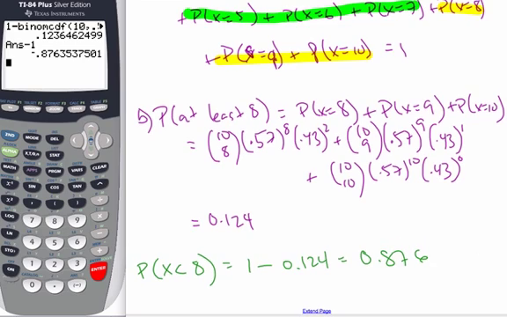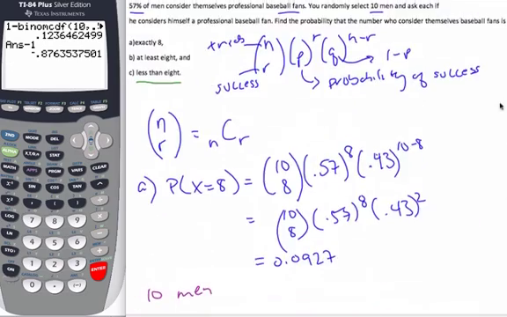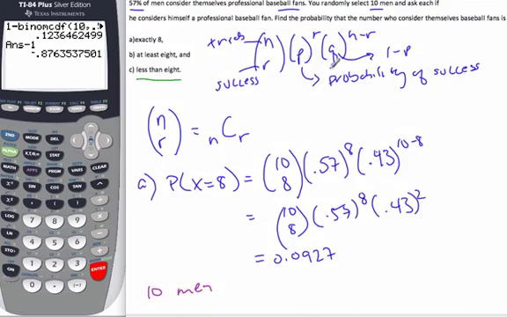0.876. So I guess to recap, we have this formula here: trials, successes, probability, and 1 minus the probability of things happening. If I want exactly a value, I plug it straight in. 10 men, 8 of them are fans. This is the probability of being a fan to the power 8. This is my failures. Compute that in your calculator.